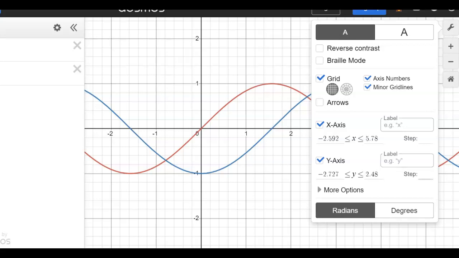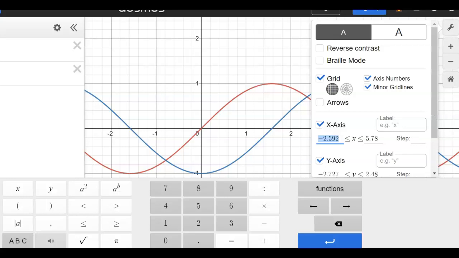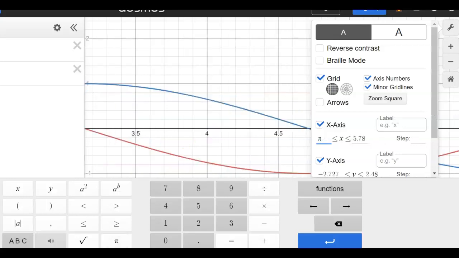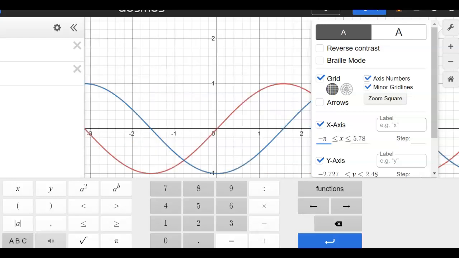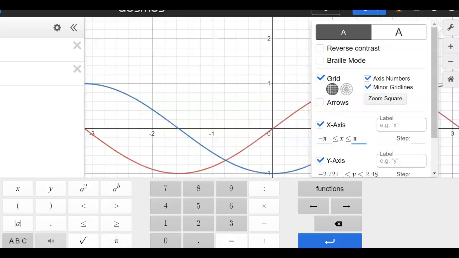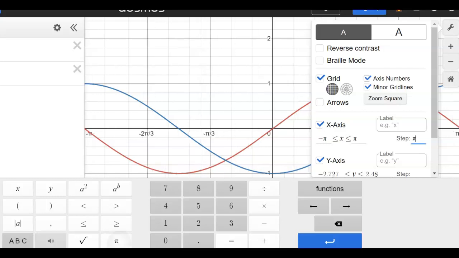Which I was in a minute ago. And you can step, if you put your x-axis between negative pi and pi, don't forget to play with it, with a step of, I don't know, pi over 8 or something like that.